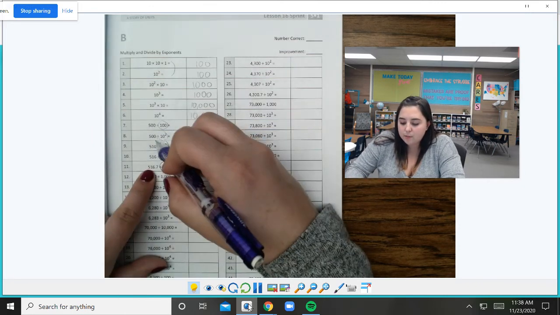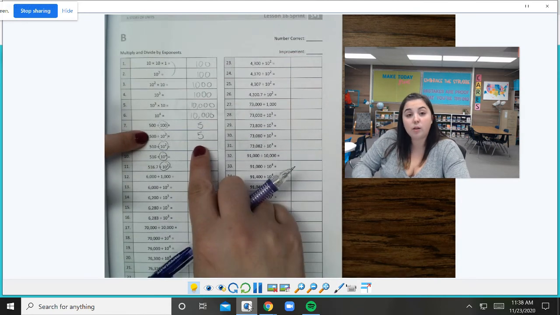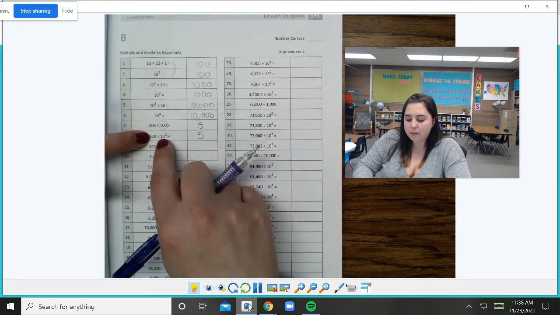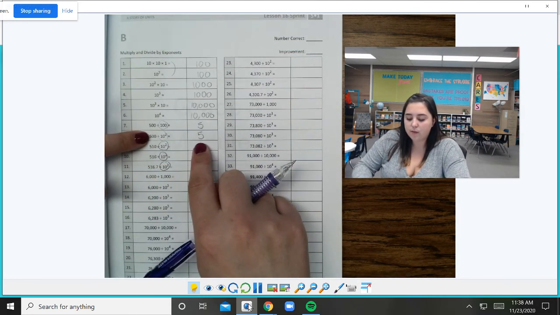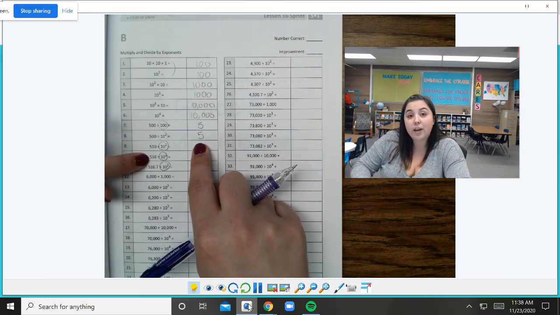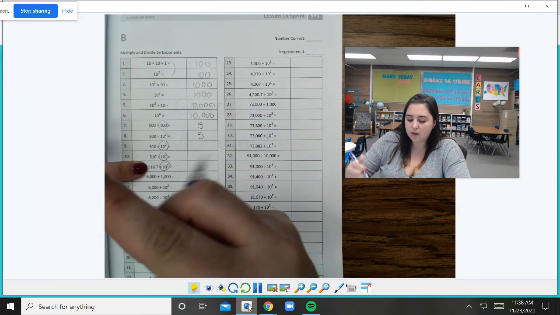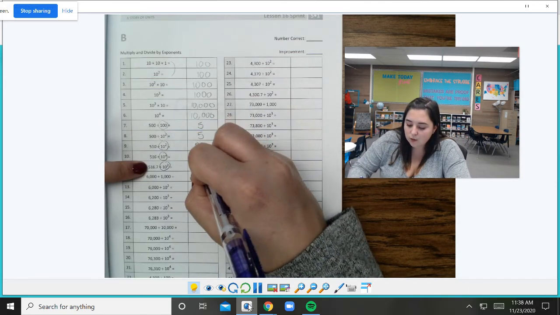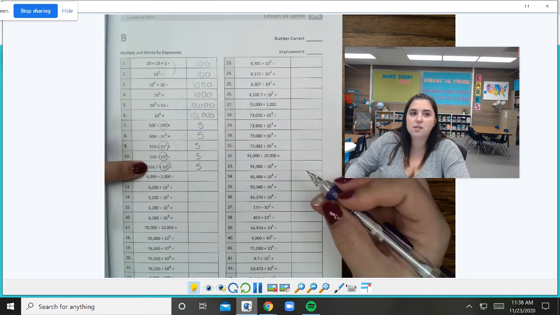But now the number is growing. So if I know 500 divided by 10 to the second power is 5, these are still 500. They're just having other digits as well. So 510, 516, 516.7.